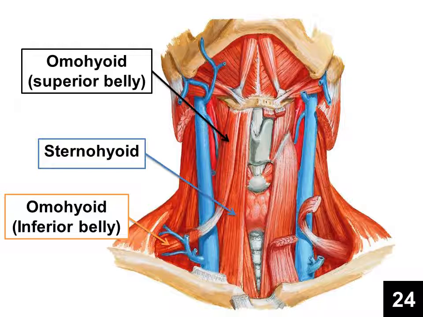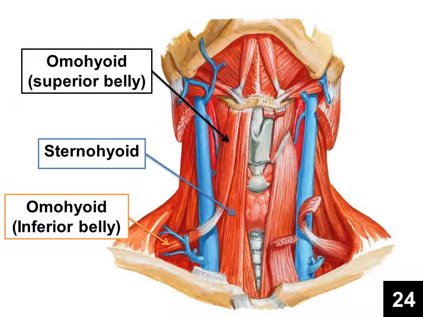They lie on each side of the midline as you can see. In the upper part of the neck the two muscles lie side by side, but as they descend inferiorly the two muscles diverge, as you can see, as they go downward.